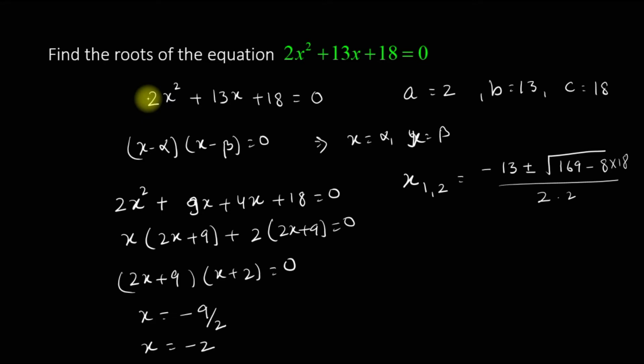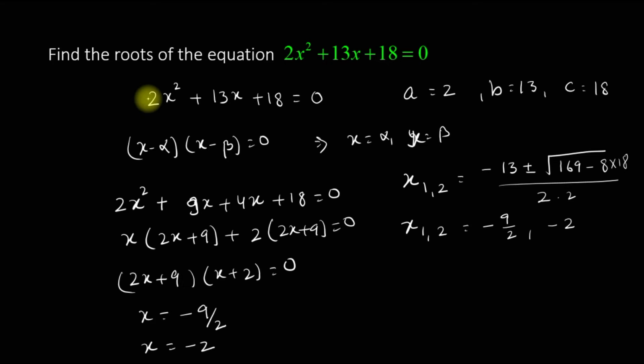Upon calculation we again get the values: first minus 9 by 2 and second minus 2. So we have two methods: by factorizing the quadratic equation, and by using the standard formula for finding the roots of a quadratic equation.